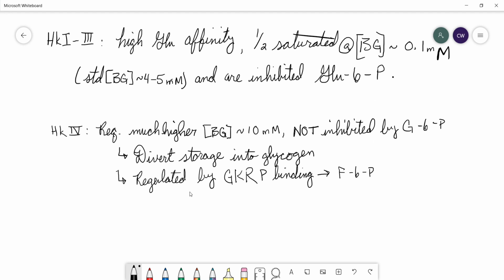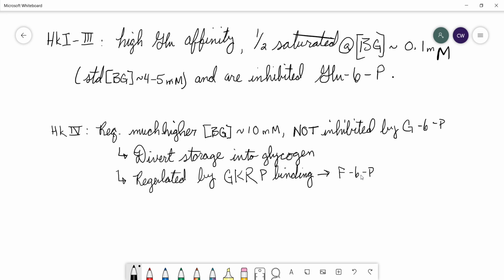That's going to turn this protein off. It's going to inhibit its ability to bind to hexokinase 4. And so hexokinase 4 will take all the excess glucose that is beyond the need of the cell and convert it to glycogen for energy storage.